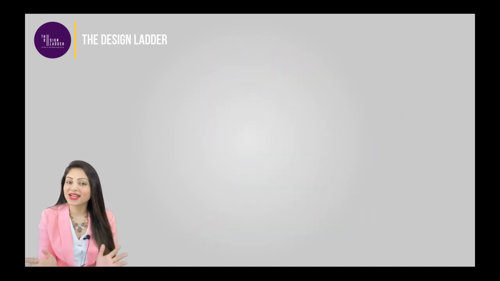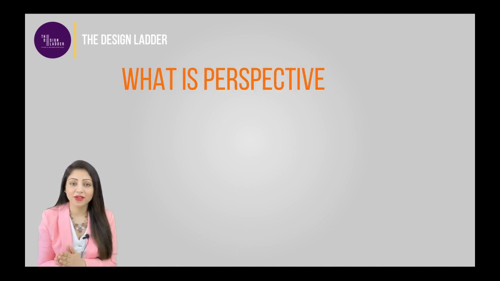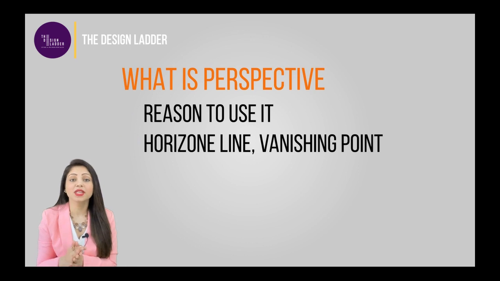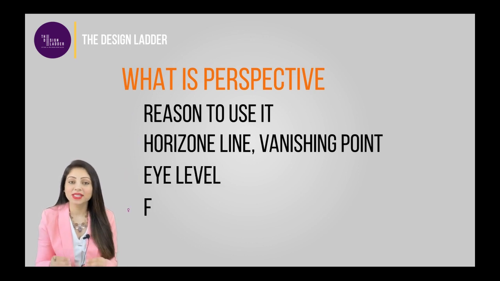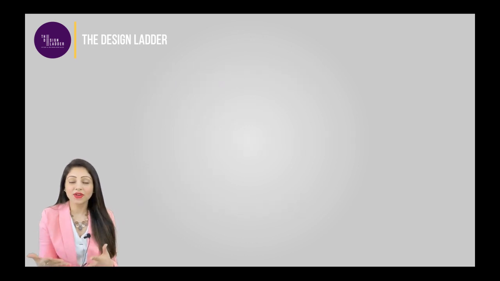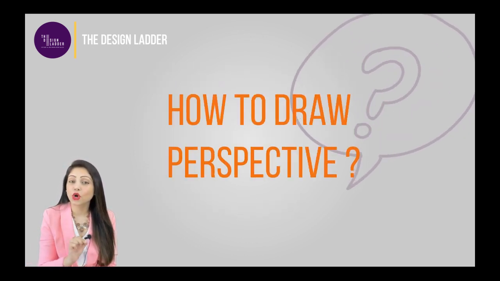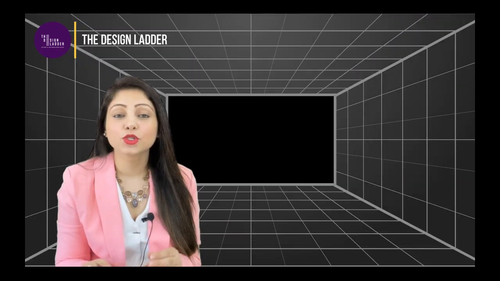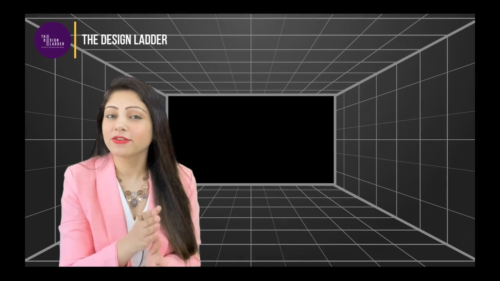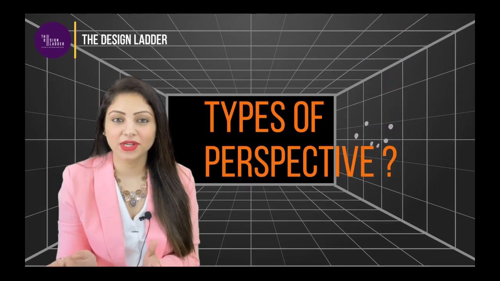So now we've clearly understood what perspective is, why we need to use it in our drawings, the important terms we need to know before beginning, and the basic fundamentals on which it works in a detailed way. Now we are in a position to step up and understand how to exactly draw these perspective drawings. So to learn that, it becomes very essential to know the different kinds of perspectives first.